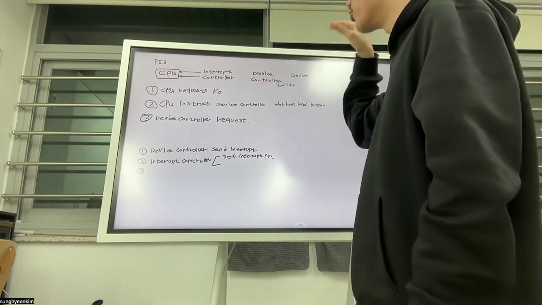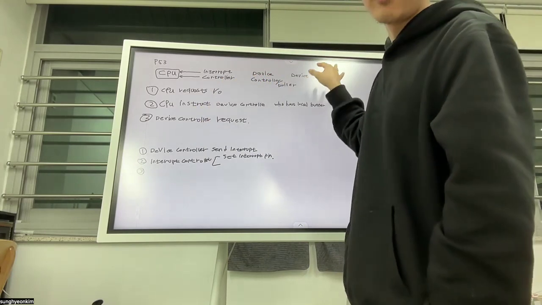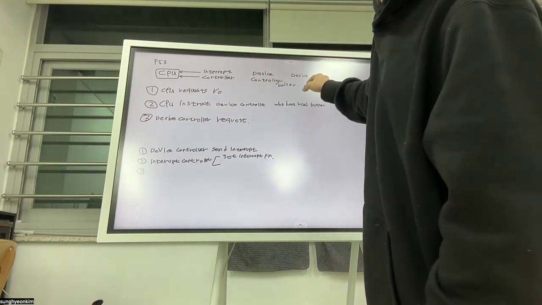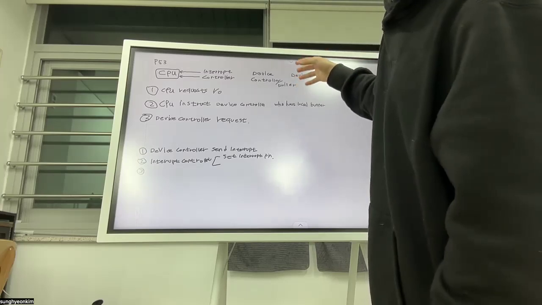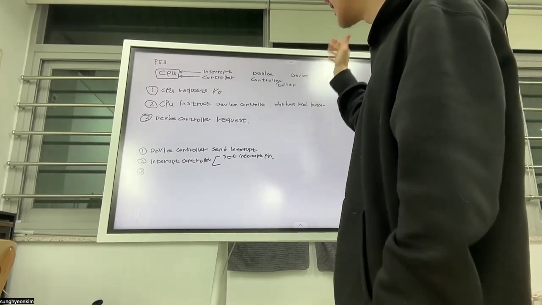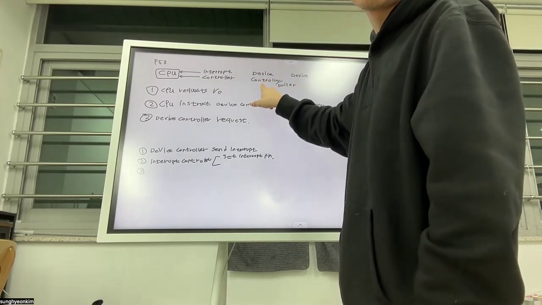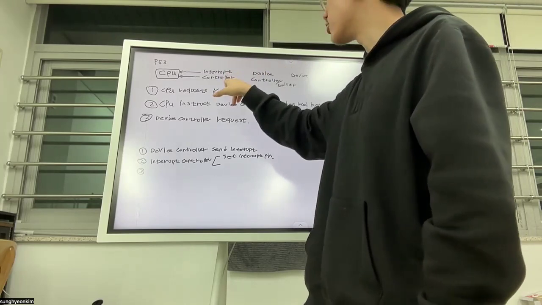Then the device controller requests the device to do the I/O. Then the device controller will report ready, output complete, or error generated. After that, it will send an interrupt to the interrupt controller.